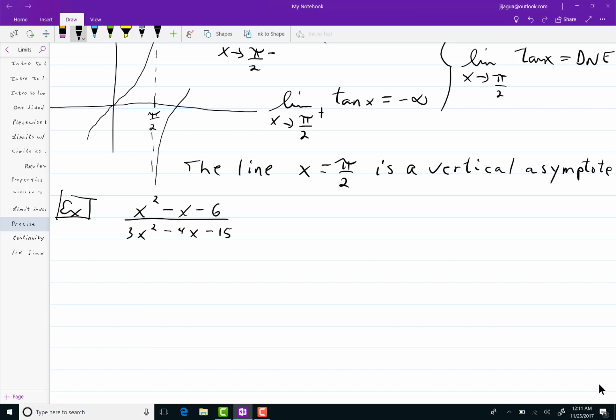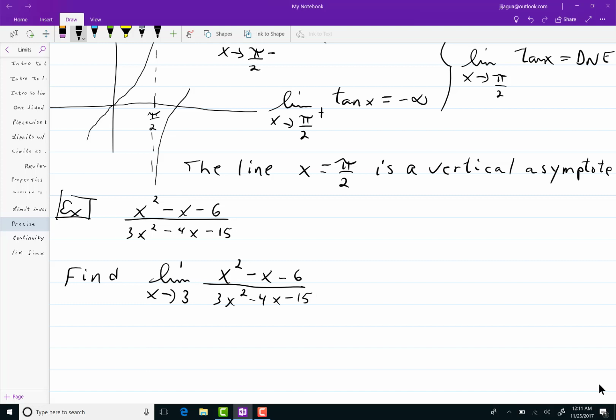And I would like to look at two cases. Let me look first at finding the limit as x goes to 3 of x squared minus x minus 6 all over 3x squared minus 4x minus 15.